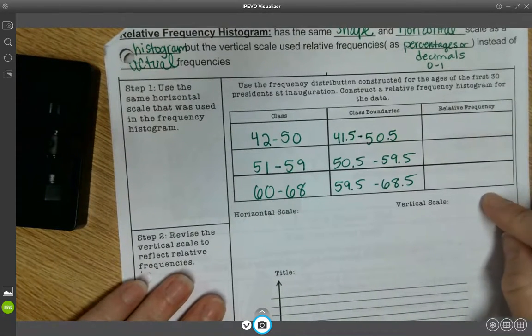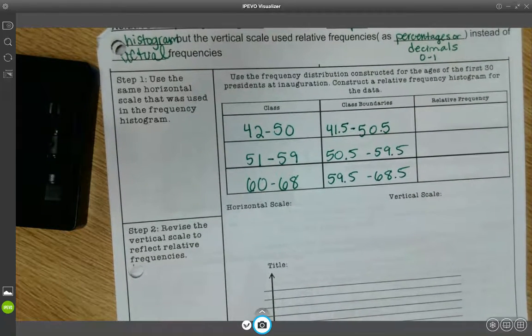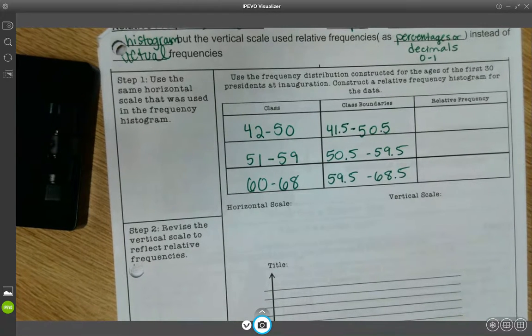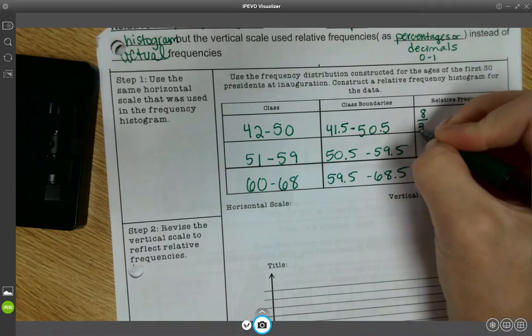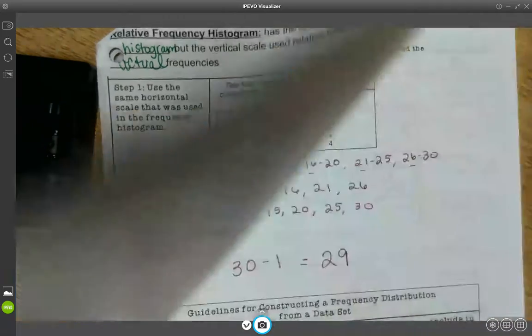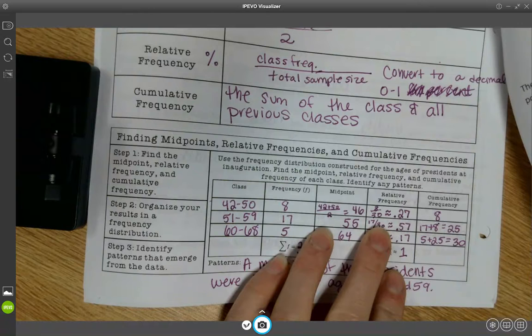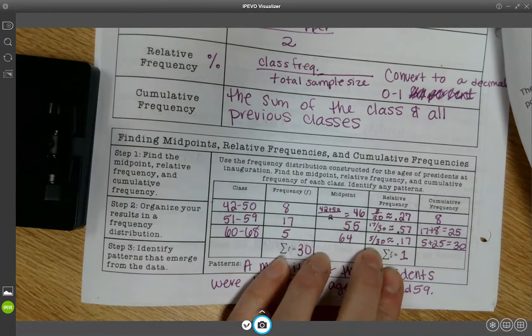We found the relative frequency on the previous notes from 2.1. So the relative frequency is in relation to the others. So there were 8 out of 30, right? Let me pull up those notes. Yeah. Relative frequency was 0.27 for 42 to 50. 17 out of 30 is 0.57.